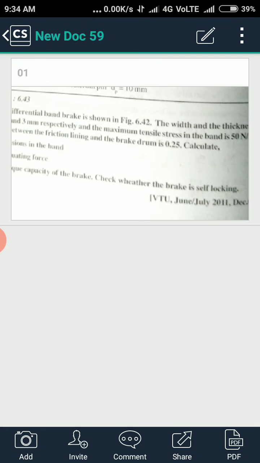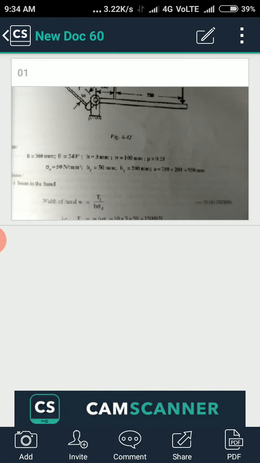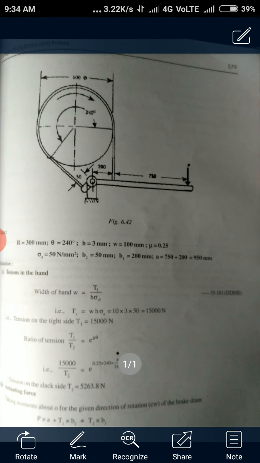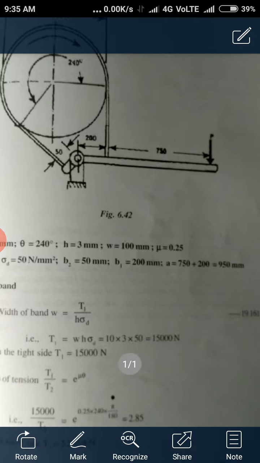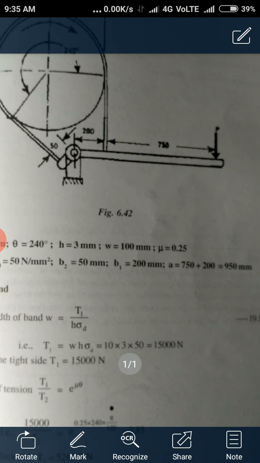Okay, so we'll go for figure 6.42. You can see here diameter is given as 600 mm, angle of contact 240, and B1 length is 200 mm, B2 is 50, and the value of A, see the value of A, it is the distance between the fulcrum to the force F applied.